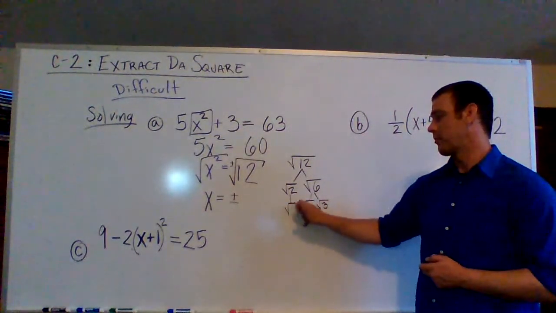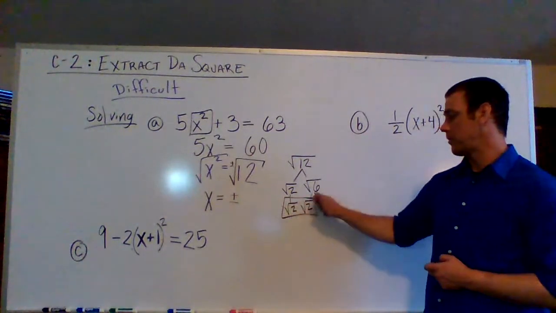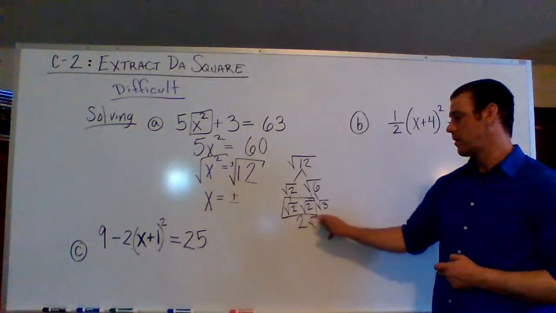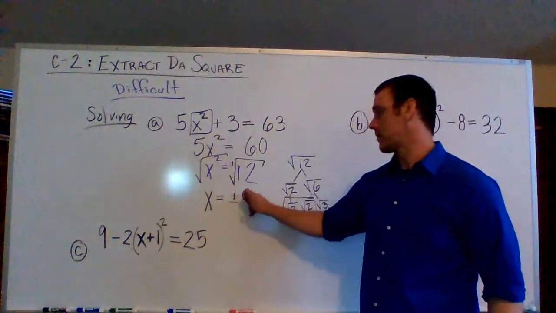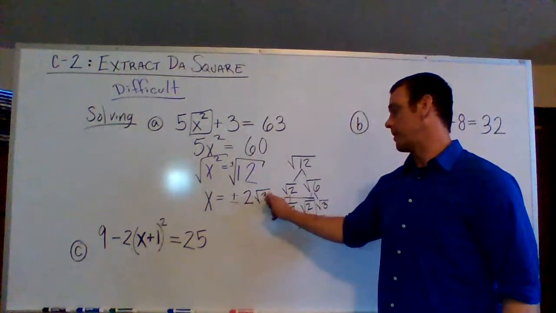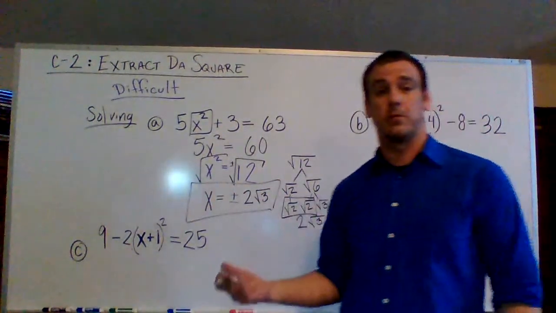We still have the square root of 2. Square root of 2 times square root of 2 makes a normal 2, times the square root of 3. So x actually equals plus or minus 2 square roots of 3. That will be your answer for your first problem.